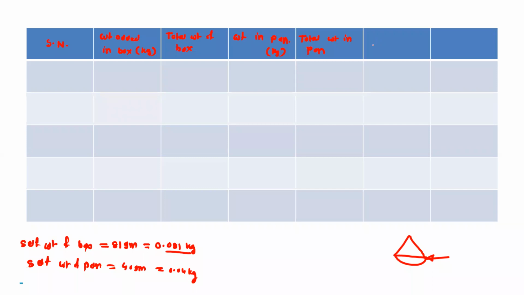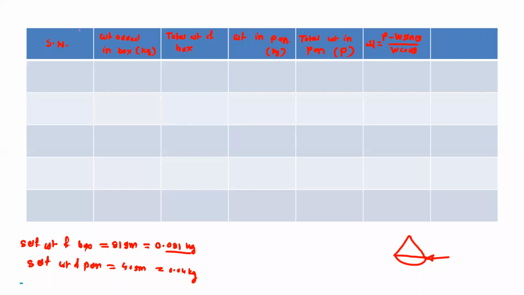The next column is the coefficient of friction, which is mu. Total weight in the pan is nothing but the P value. So this is P minus W sine theta upon W cos theta.